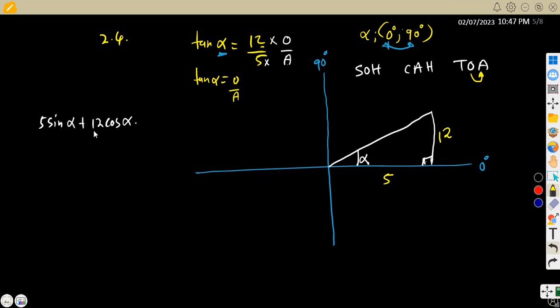In order for us to have sine and cos, we can see that sine has the hypotenuse, and cos also has the hypotenuse. So we are now forced to calculate h, representing the hypotenuse.